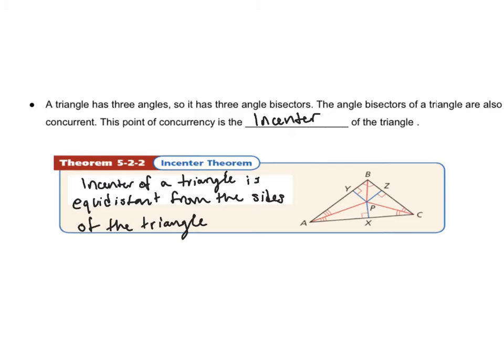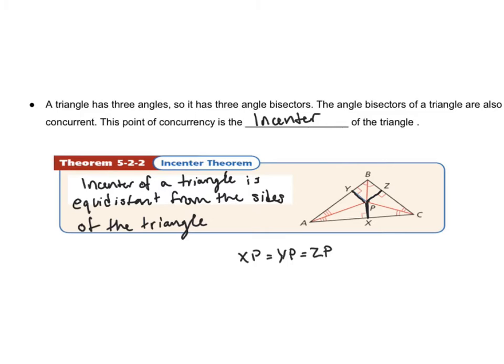That means we're looking at all of the ones with perpendicular bisectors, and they're going to be equal to each other. So we can say XP equals YP and ZP.